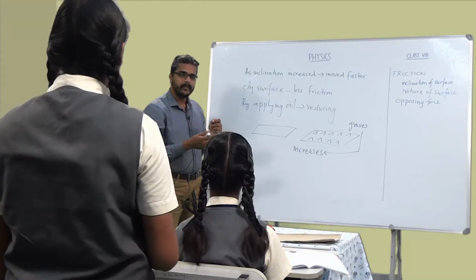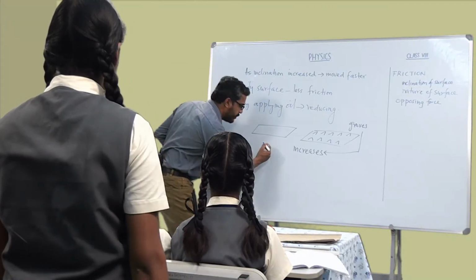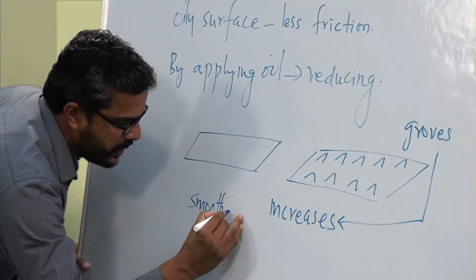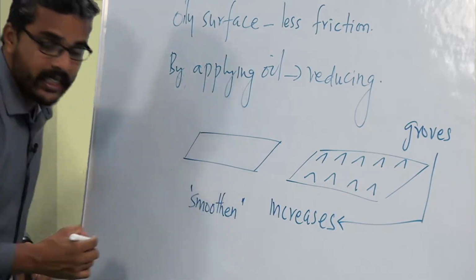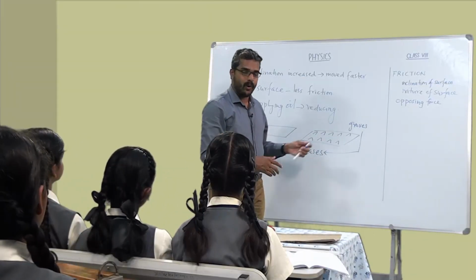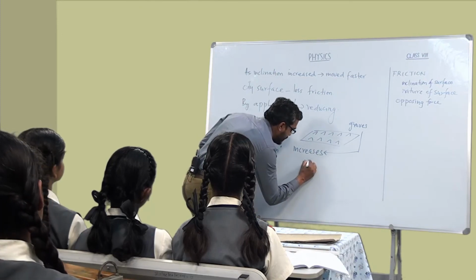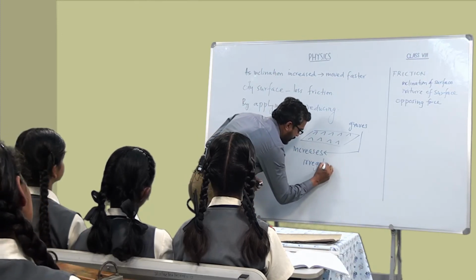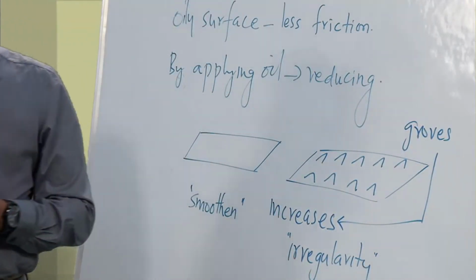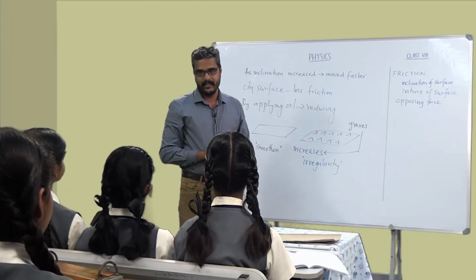No, sir. We have to remove the grooves, or we have to make the surface smooth. You have to smoothen the surface so that you can reduce the grooves, or we call this irregularity on the surface, right?